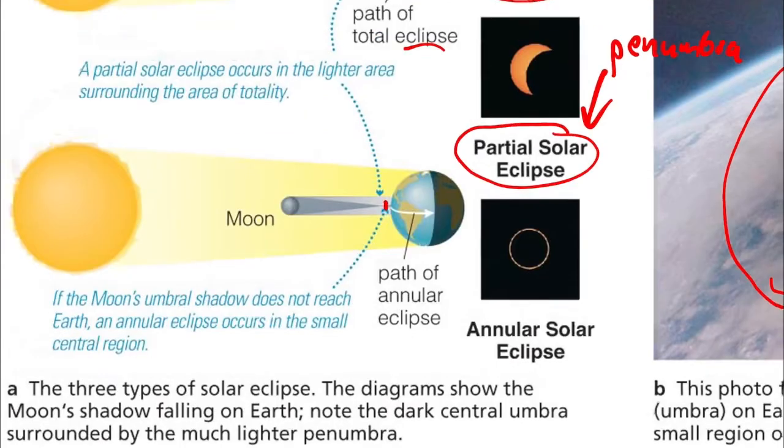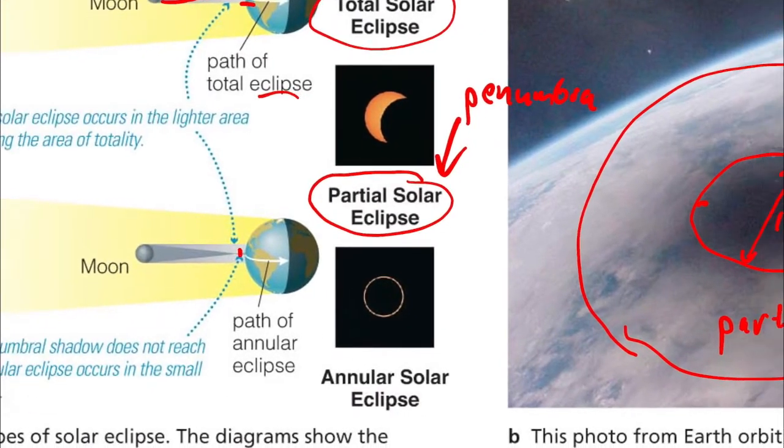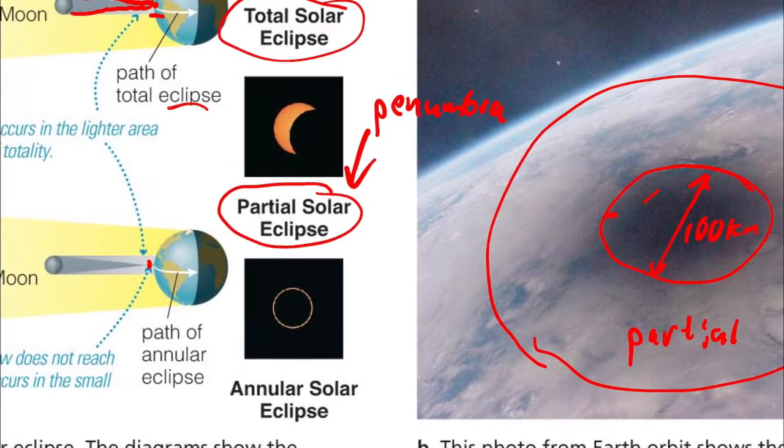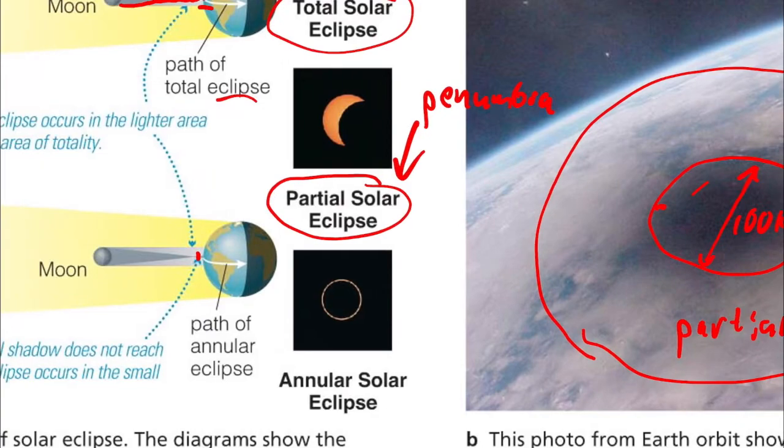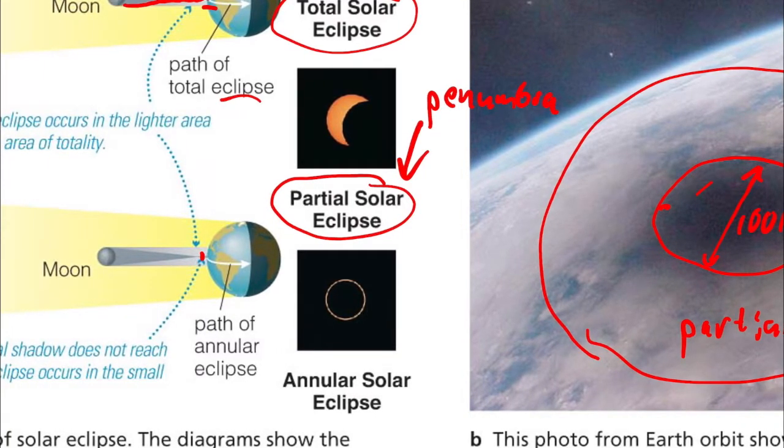Thus, no one is in the path of totality because there is no dark spot that's 100 kilometers wide being cast onto the surface of Earth. Instead, the dark spot finishes in a single point, again, some 100 or 50 kilometers above the surface. And instead, those that are in the path, so to speak, see an annular solar eclipse, because in that case, some of the sunlight is still getting through.